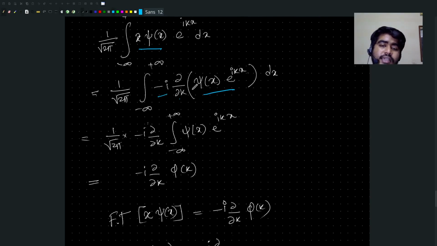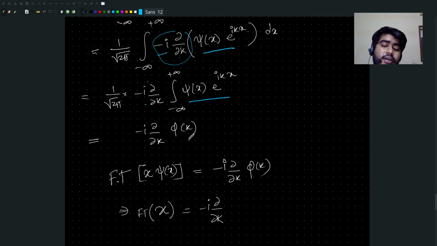Now the integration variable is x, so I can easily pull this part out of this integration. Then I am left with psi x e to the I k x, and you can recognize that this is nothing but the momentum represented wave function.